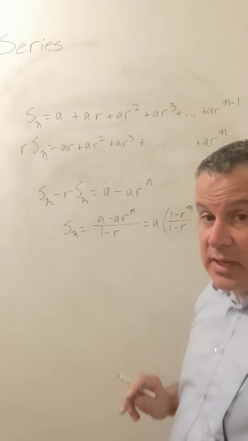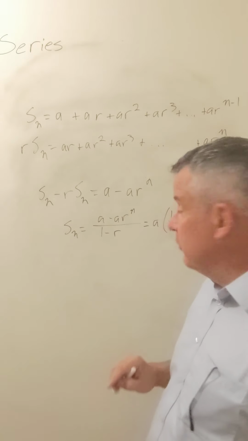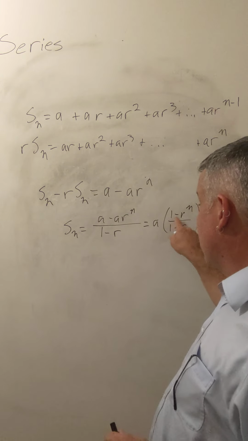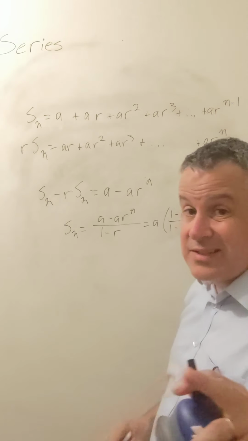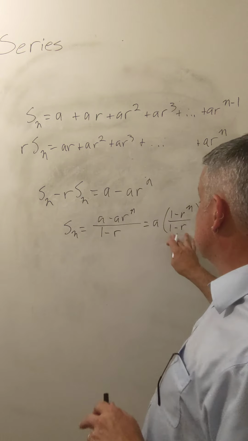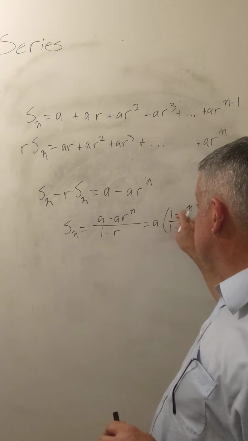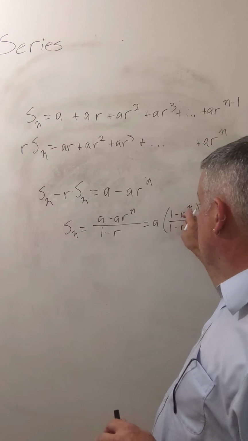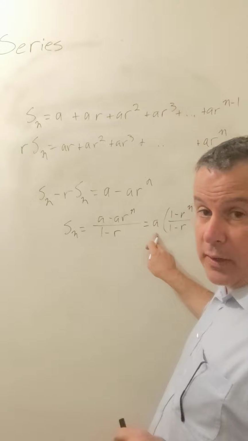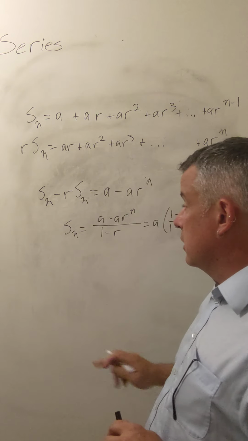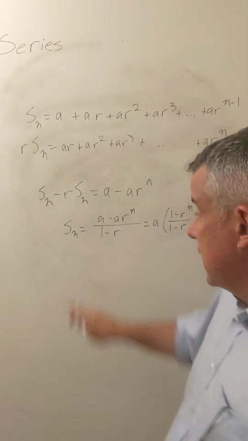And now you can see why r equals 1 is a funny version of this, because r equals 1 is 0 over 0 in this formula. But as long as r is less than 1, we get something out of this formula, and that something depends on n, and also depends on a out front. Okay, so that's nearly there. Remember, that's for the finite length series Sn.